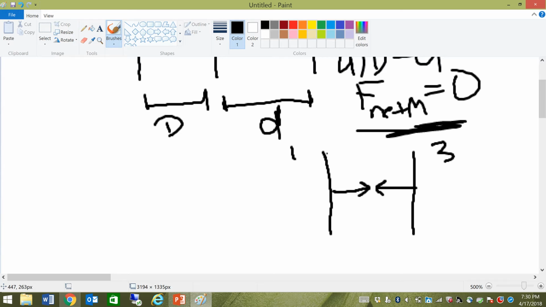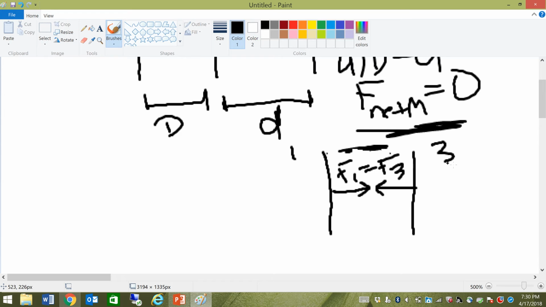Because if they're equal to each other and they oppose each other, the net magnetic force in this area, which is where wire 2 is located, is 0. So we want this to come true.